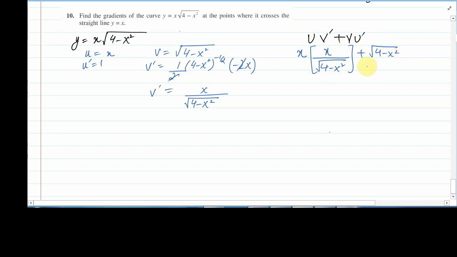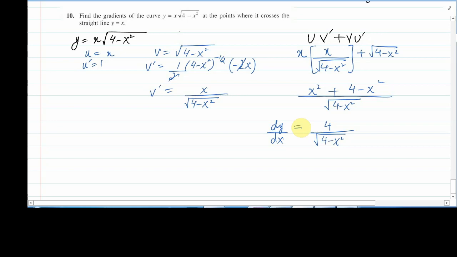So if you arrange the equation, that will be x square divided by under root 4 minus x square, and taking LCM here, plus root 4 minus x square, root 4 minus x square leads to 4 minus x square. All right, so the leftover part is 4 divided by under root 4 minus x square, that is your dy by dx. So I am done with the differentiated part.